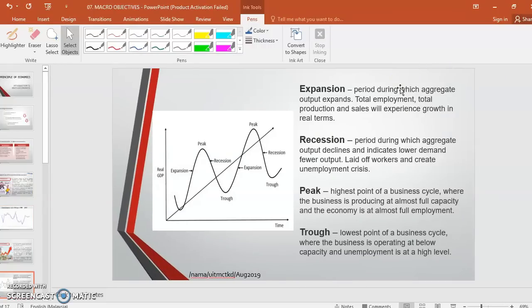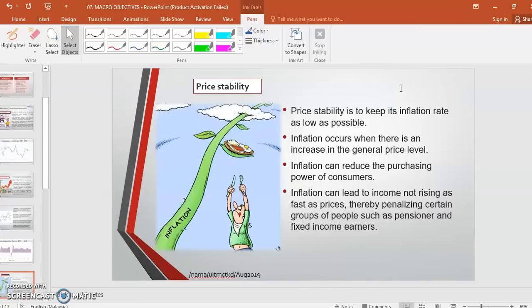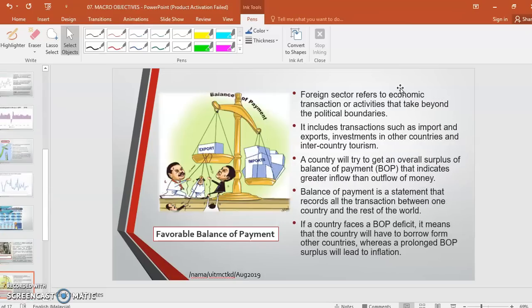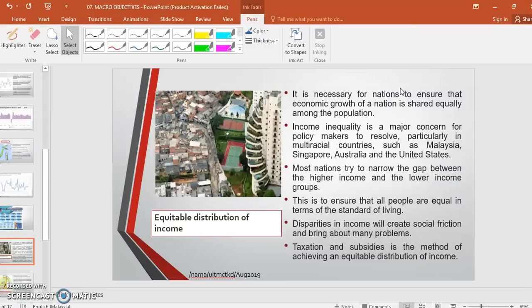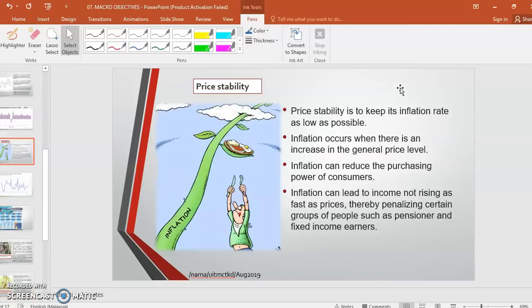Second is to achieve economic growth. Number 3 is to achieve price stability. Number 4, to achieve equitable distribution of income. And last is to achieve equilibrium in balance of payments. Okay, we go one by one.